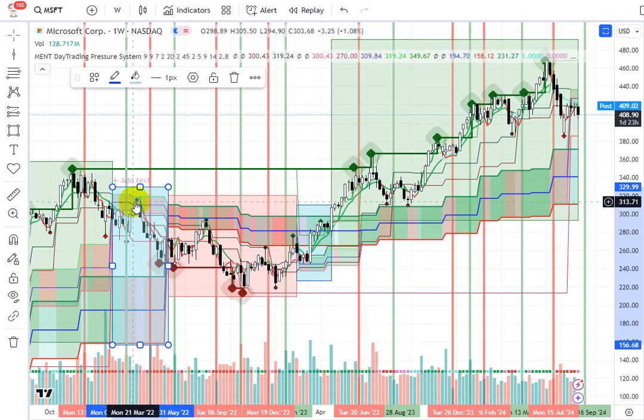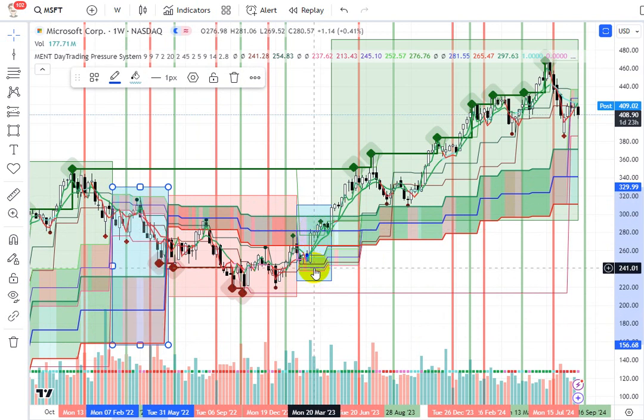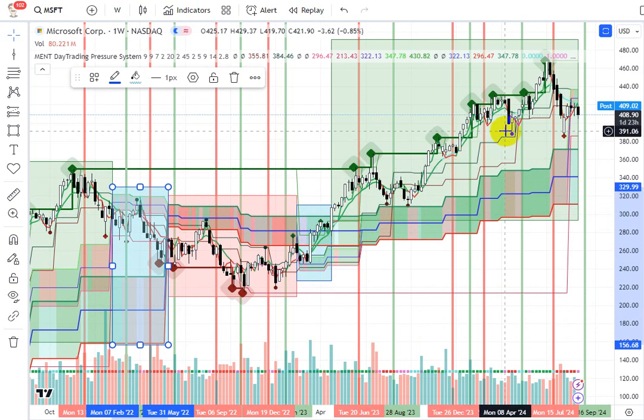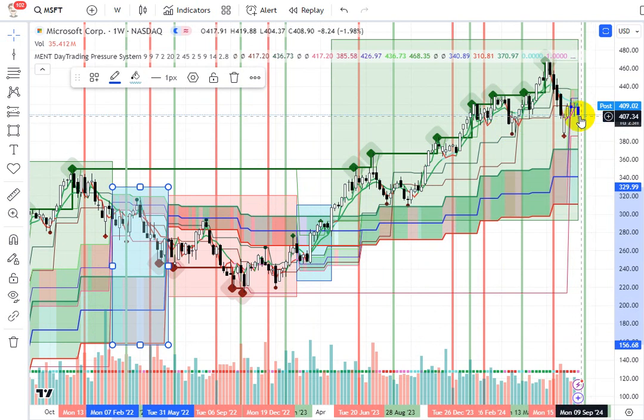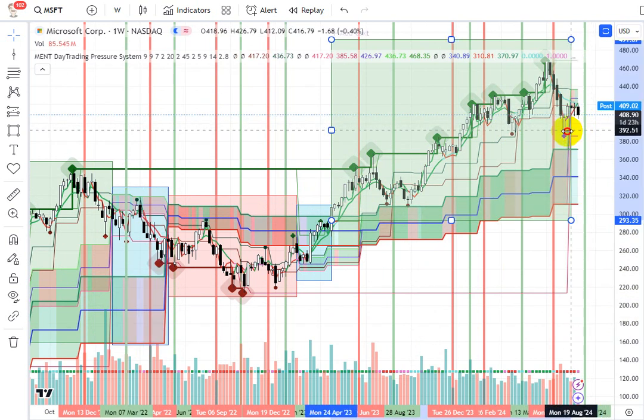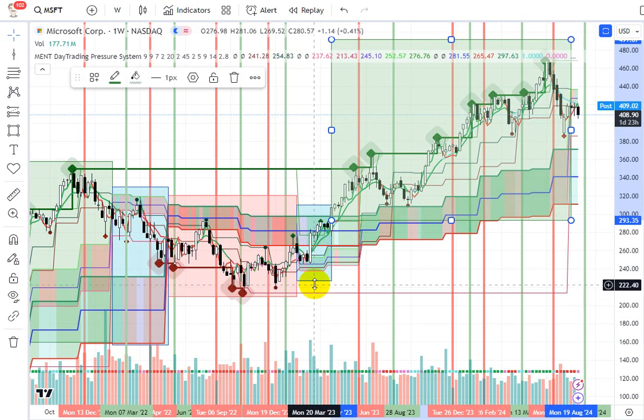You see how we're in between this level and this level. Eventually we get above them right here. That puts us back into, now look, right over here, I missed it. We're actually in neutral trending right here.